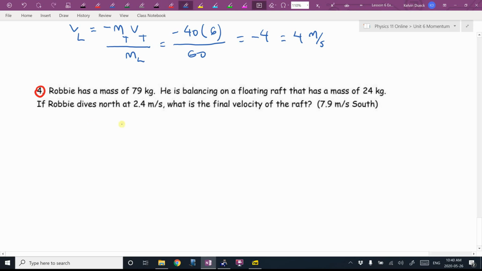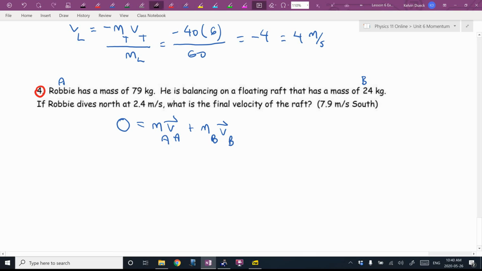We're going to say this then. 0 momentum equals mass. Ooh, we have Robbie and Raft. I'll call this mass A. I'll call this mass B. They both begin with R. So mass A, velocity A, plus mass B, velocity B. And you're going to notice this is identical to the question we just did.